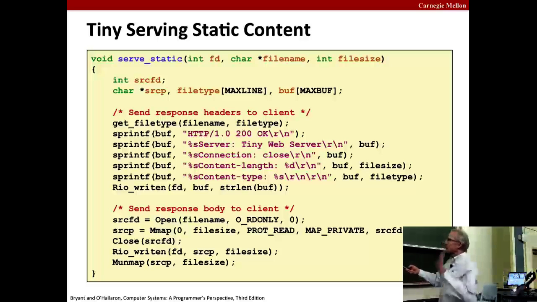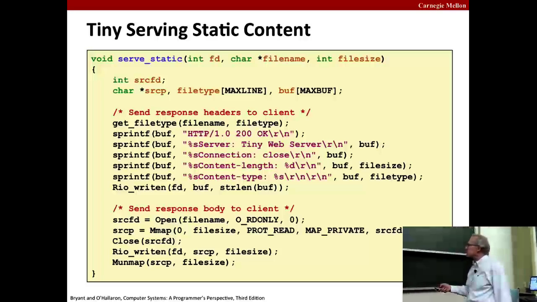So get file type is another function somewhere else that's telling which MIME type is this particular file. And so it's putting that together, and now it writes the header information out to the client.